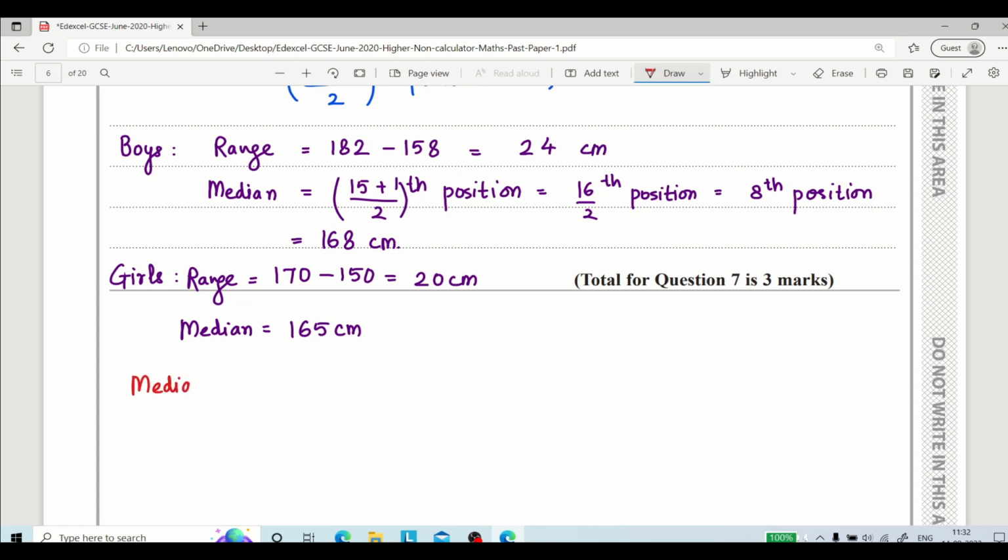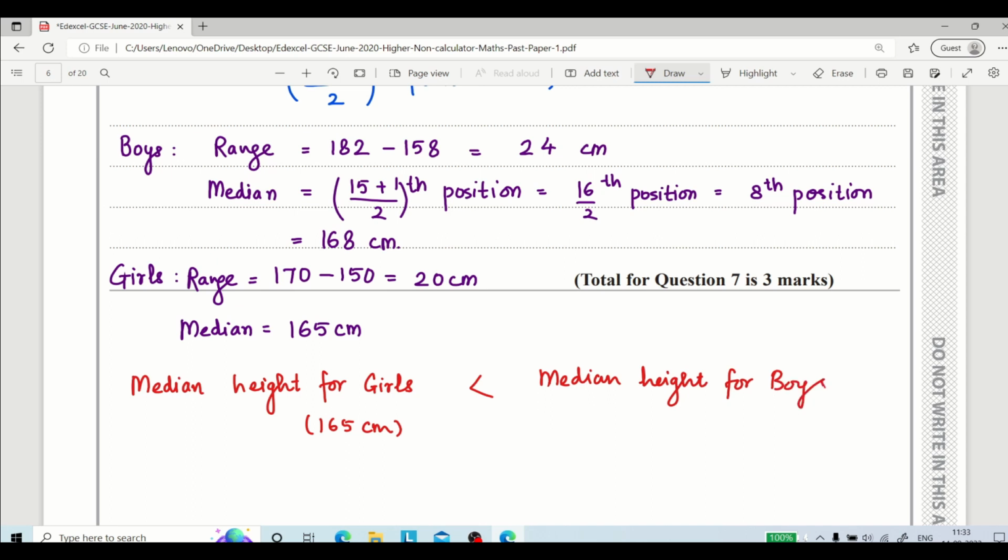So the very first observation is median height for girls, that is how much? 165 centimeters, is less than the median height for boys. That is how much? 168 centimeters.